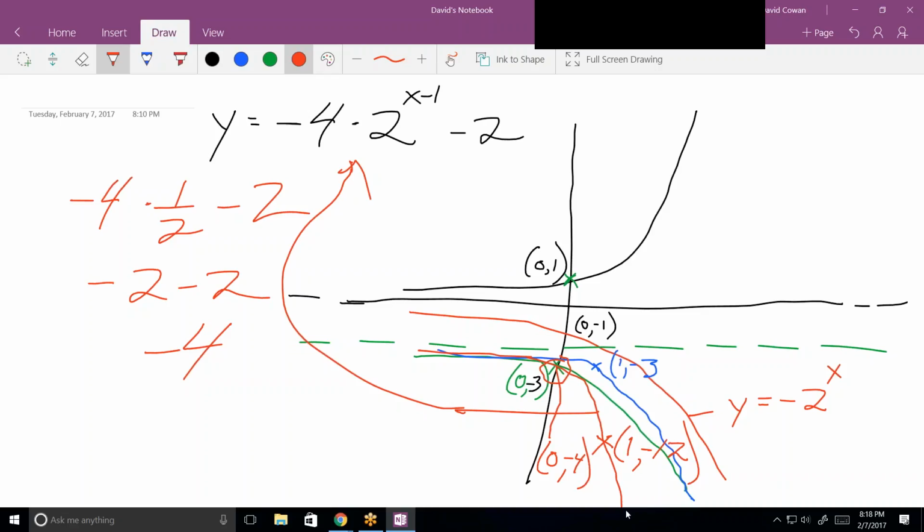Wait, I have a question. Sure. So for the range, since the lowest point is -4, do I include that and put a bracket around it? Now the range is going to be from your horizontal asymptote to negative infinity, or negative infinity, comma, -2.